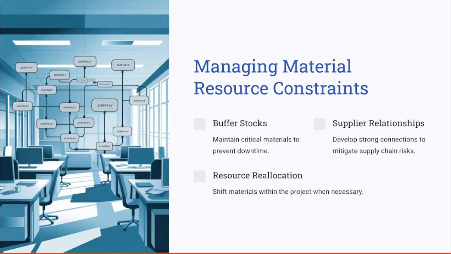Also, a strong supplier relationship ensures the priority fulfillment of urgent needs. In some cases, reallocating materials from low priority tasks within the project can help maintain progress on critical activities. And let's have an example here. In an infrastructure project, diverting surplus cement from a completed phase can keep another phase on schedule.